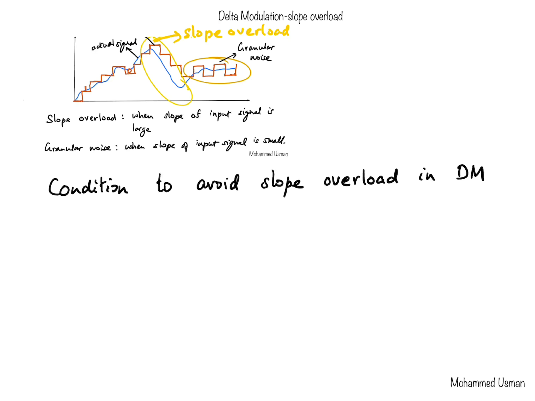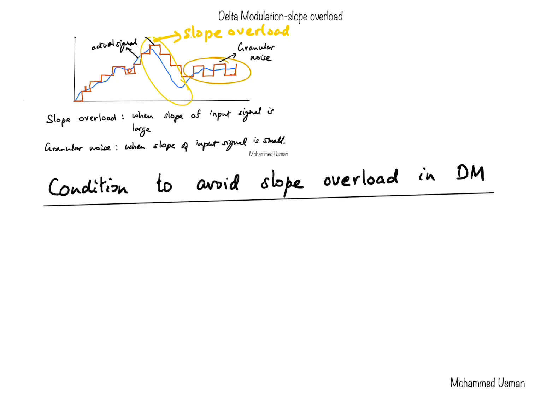Later on we will also compare this condition with the similar condition that we derived for differential pulse code modulation, and see which of the two, that is DPCM or DM, requires a higher sampling frequency in order to avoid slope overload.